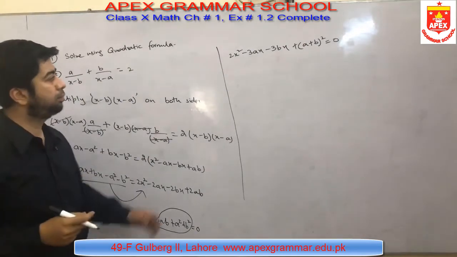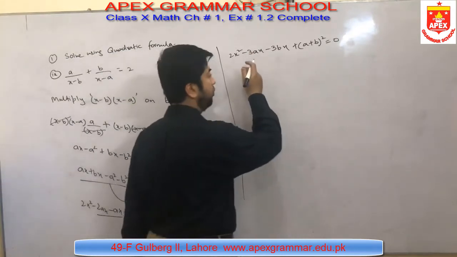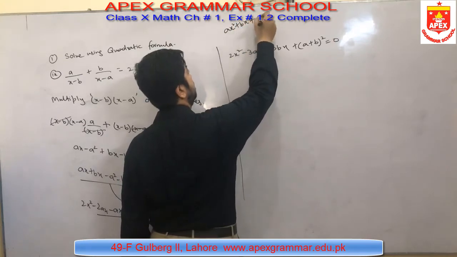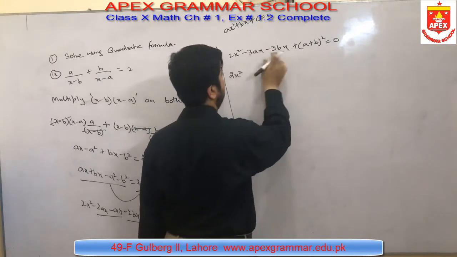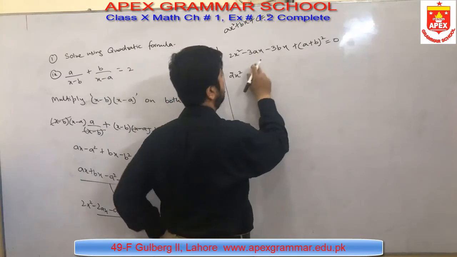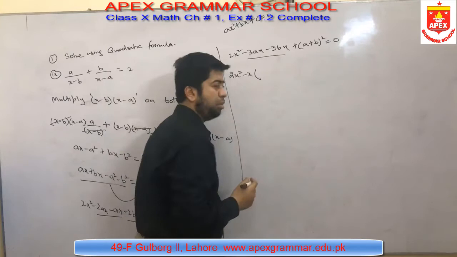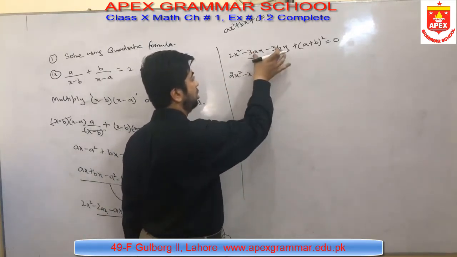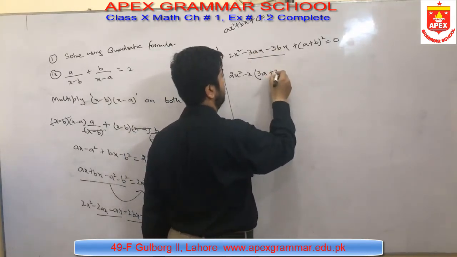So now you just have to convert it into the standard form, like ax square plus bx plus c is equal to 0. You have 2x square, and just take common minus x from both these. Although minus 3 is also here, you can take it common, but this time just take this minus x common, and 3a and plus 3b.